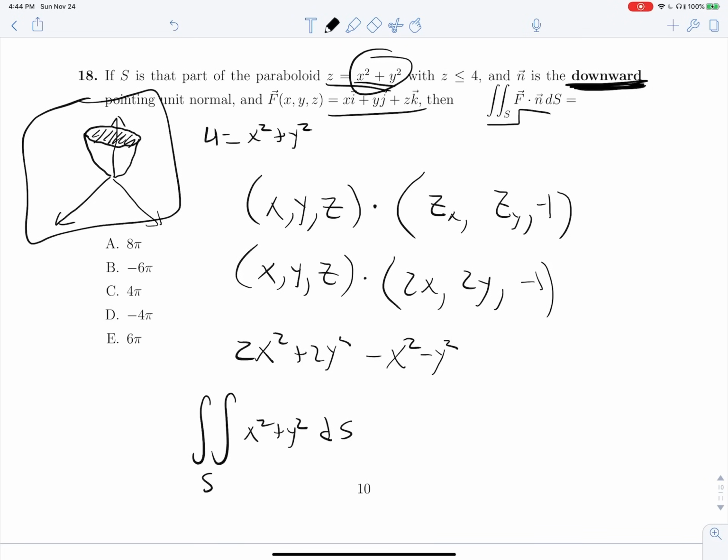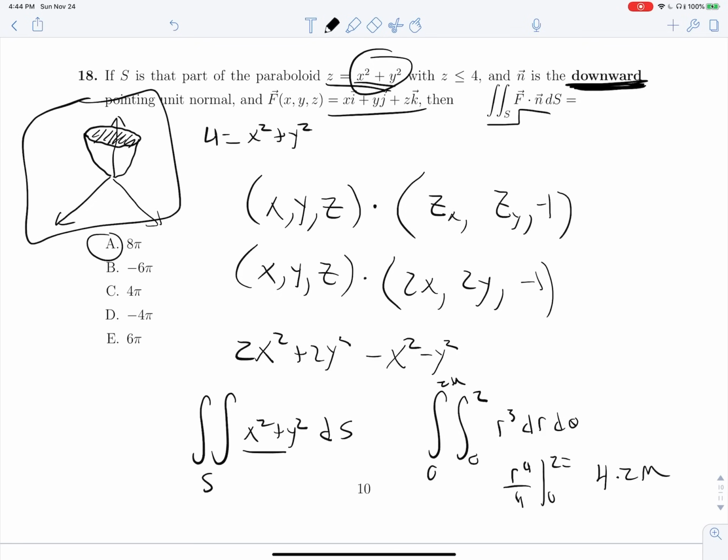So all we have to do is integrate over the polar form of the circle of radius 2. So this is going to turn into the double integral from 0 to 2 pi, and from 0 to 2 of, well, this is going to be r squared, and then we have another r, so r cubed dr d theta, which is r to the fourth over 4 on 0 to 2, which is 4 multiplied by 2 pi, and we get 8 pi, and that's our answer.